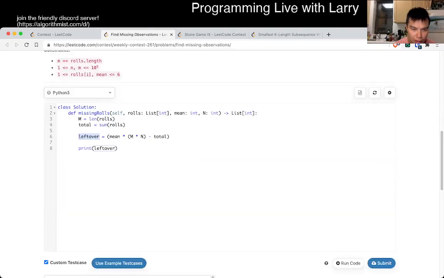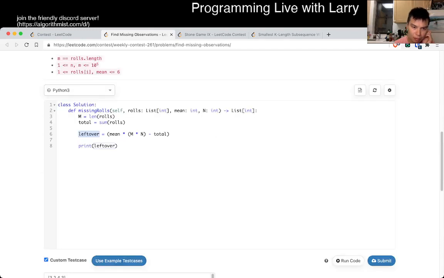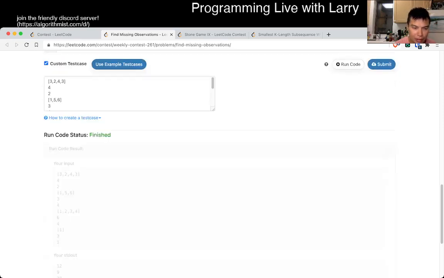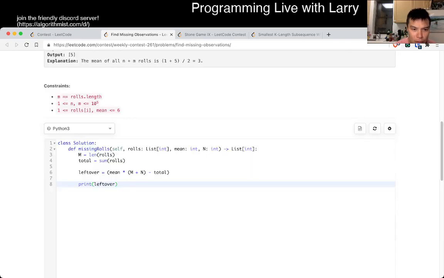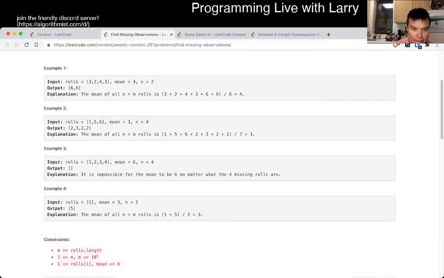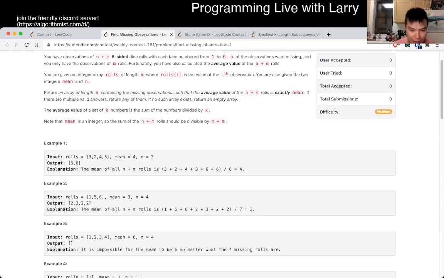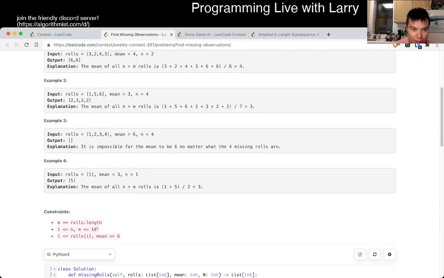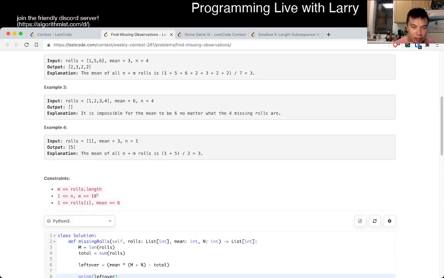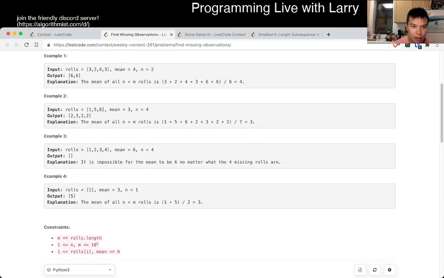Oh wait, whoops. Okay, so we have to fit n into this. Now it's 12. How do we fit it? Let's see. Oh, okay, I got it.